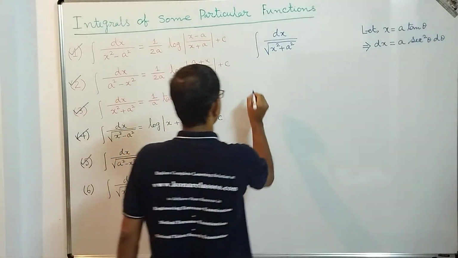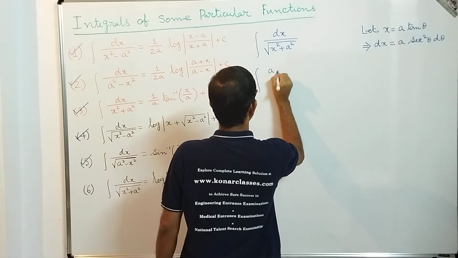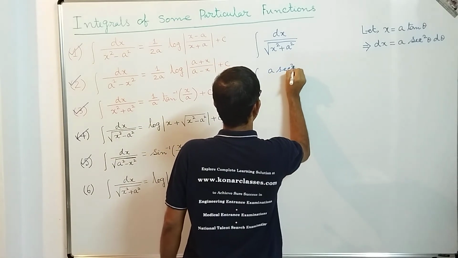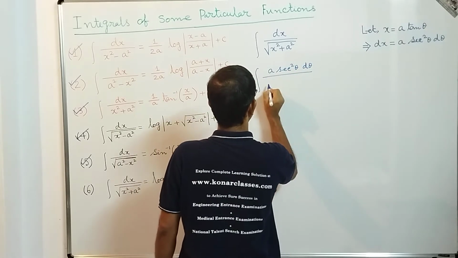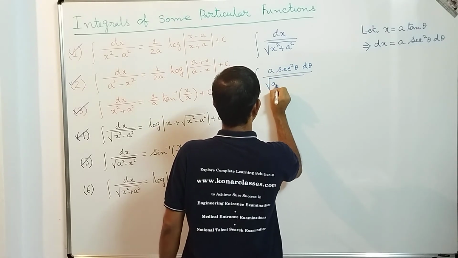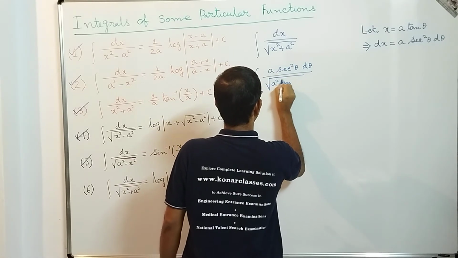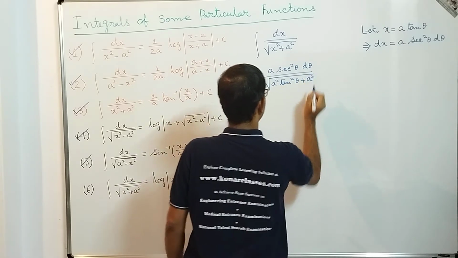So then what are we going to get here, dear students? This is equal to integration of dx, which is a sec square theta d theta, divided by square root of x square plus a square, that is a square tan square theta plus a square, correct or not?